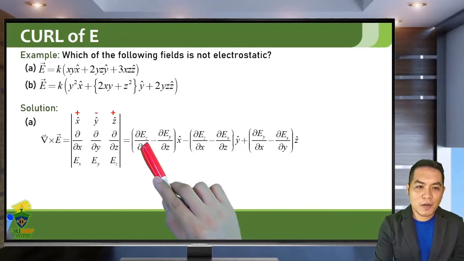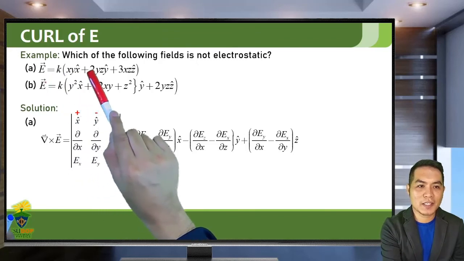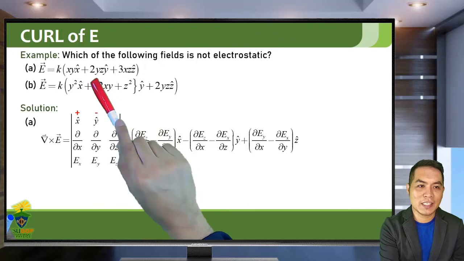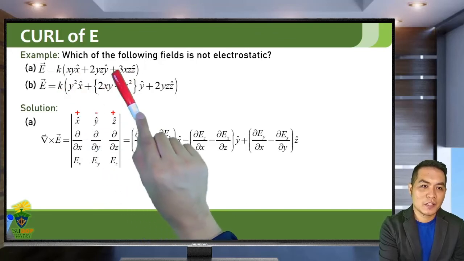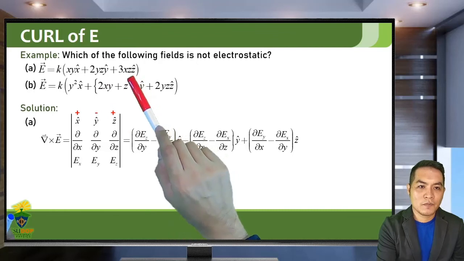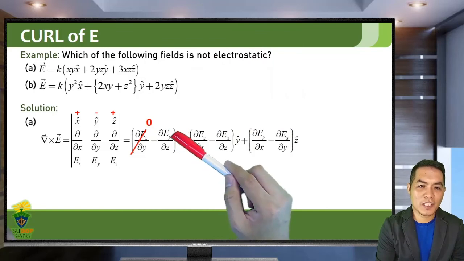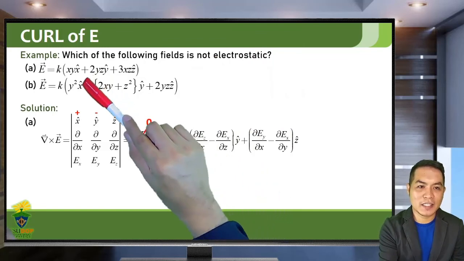So what's partial of EZ with respect to y? This is our electric field. It has an x component EX, EY, EZ. K is just a constant. So this is the z component multiplied by k. Does this have a derivative with respect to y? No, that's actually 0. But how about partial of EY with respect to z? EY is this term.